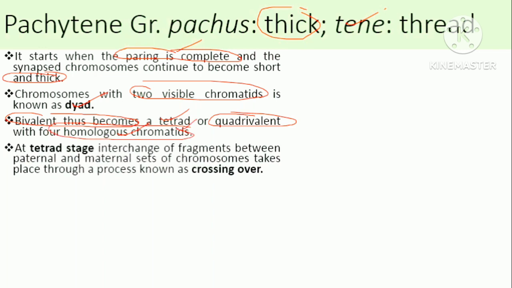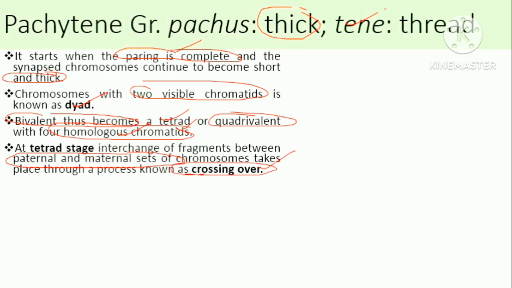At the tetrad stage, interchange of fragments between paternal and maternal sets of chromosomes takes place. This is a very important event which occurs in this phase, and this process is known as crossing over, या इसे कहा जाता है crossing over.